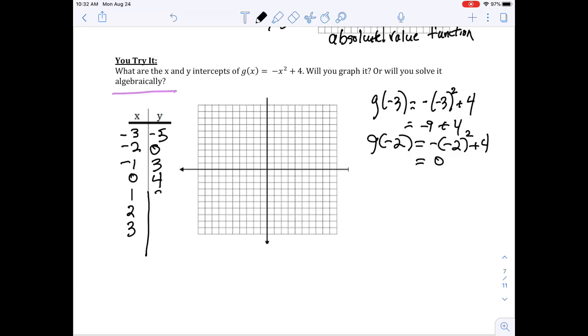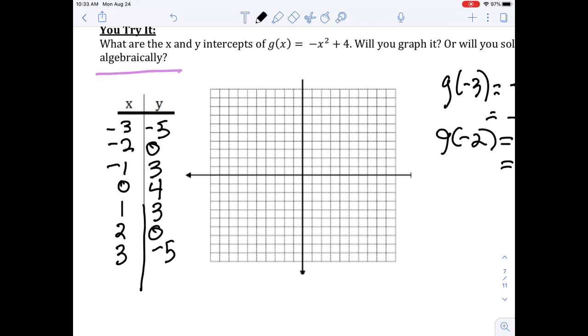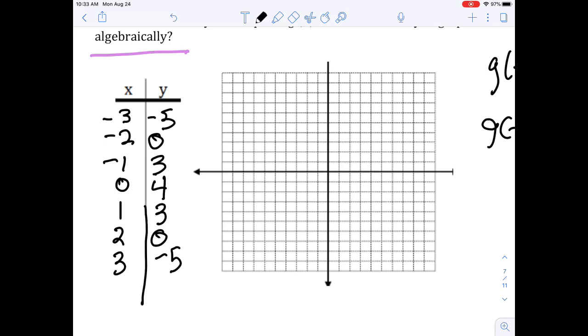Okay, 0 is going to give us 4. 1 is going to give us 3. 2 is going to give us 0. And 3 is going to give us -5. All right, so we're going to go ahead and plot those.